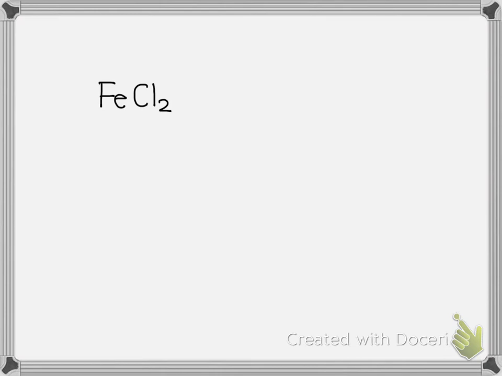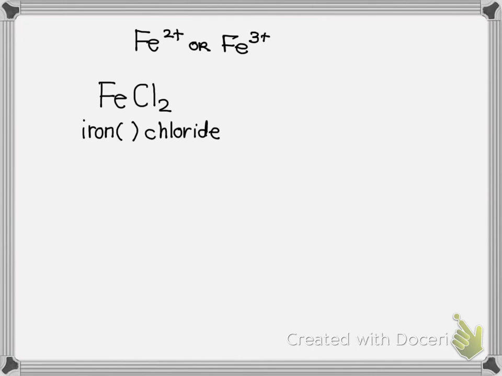I know this is iron, and I know this is chloride. But I have to remember iron can be a 2+ or a 3+, so iron has to have a Roman numeral. What do you do when you have a formula and you're wondering what the Roman numeral is? Well, here's what you do.